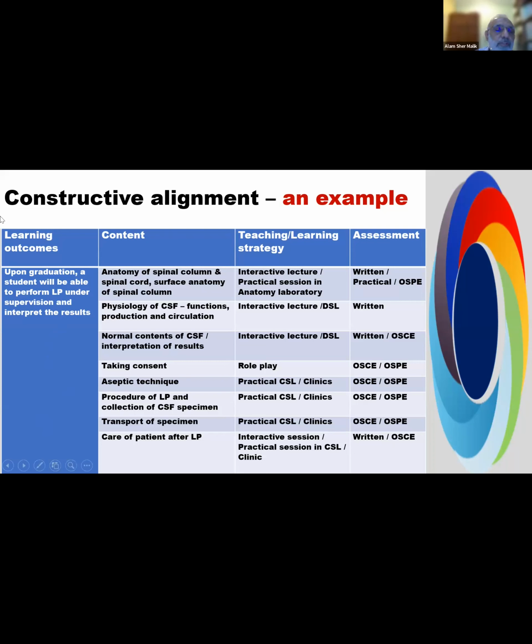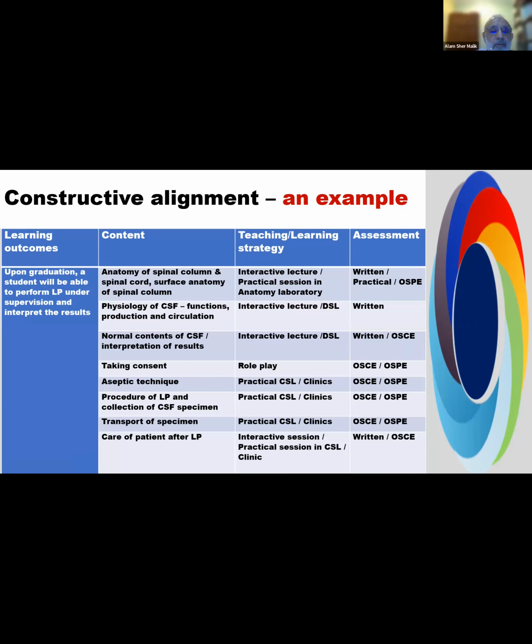So to achieve that learning outcome, we have to identify the content: the anatomy of spinal column, physiology of CSF, normal contents of CSF, and then taking consent from the patient to do the lumbar puncture. And the student should know what is aseptic technique, etc. So based on these learning outcomes, we identify the content.